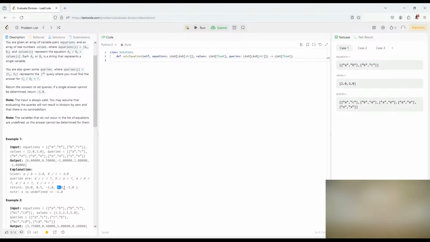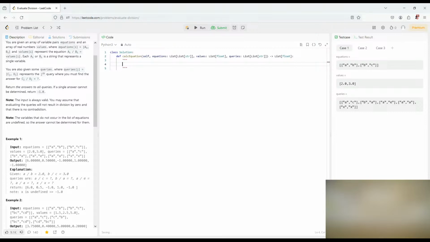Oh, okay, so if we cannot determine, like A and E, we cannot determine. So we have 6.0, 0.5, then -1, so if we cannot determine this, we return -1. Okay, that makes sense.